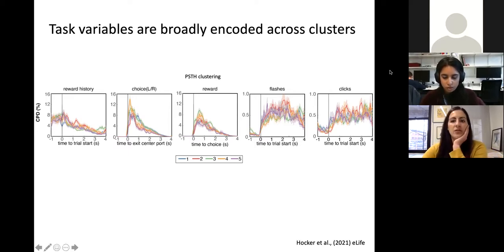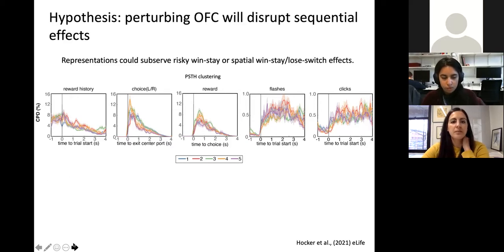So we didn't see very strong encoding of the reward attributes that the animal would be using to drive the choice. Instead, the strongest encoding that we really saw occurred after the choice had already been made, which is consistent with what other people have reported in rodent OFC. And so based on the neural recordings, we didn't necessarily think that there would be a strong effect of OFC on driving the choice on that trial, because we didn't see strong dynamics that reflected the deliberation process, for instance.